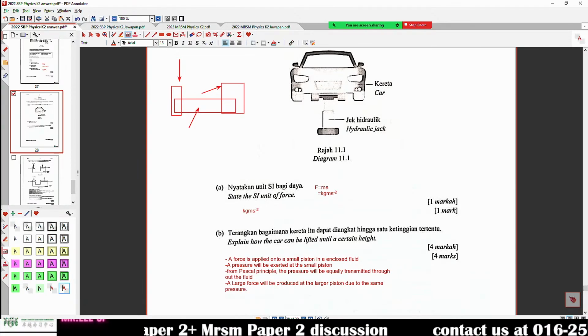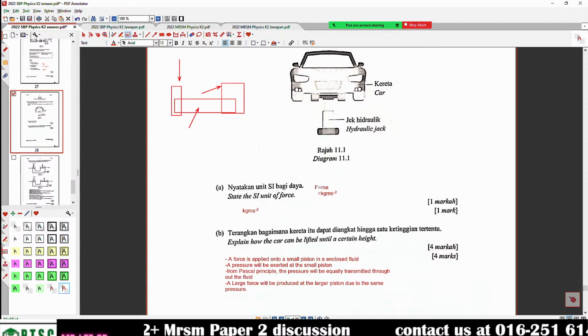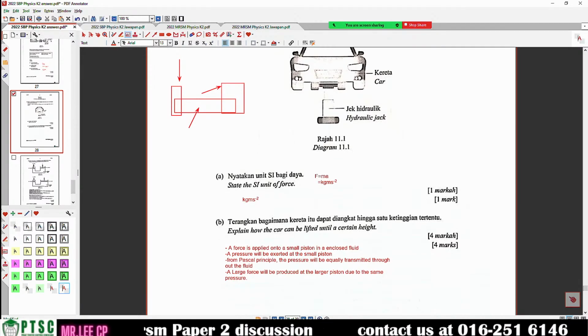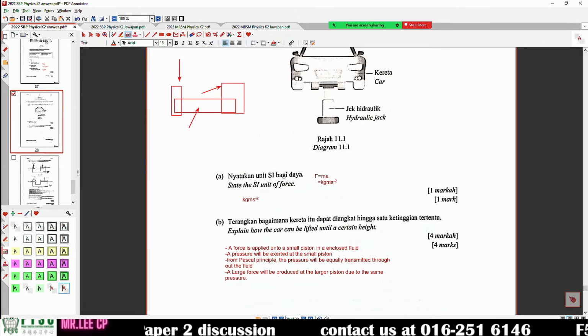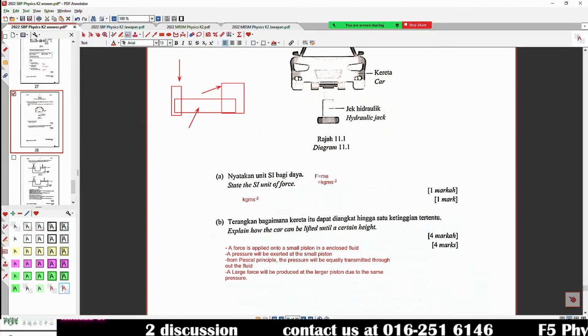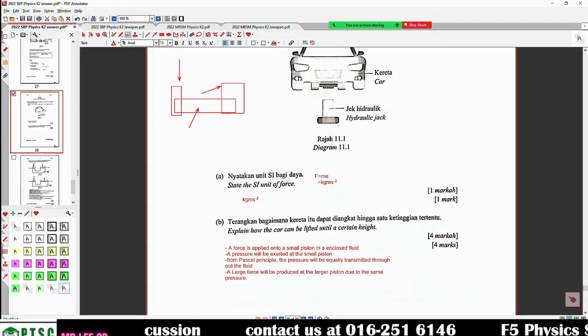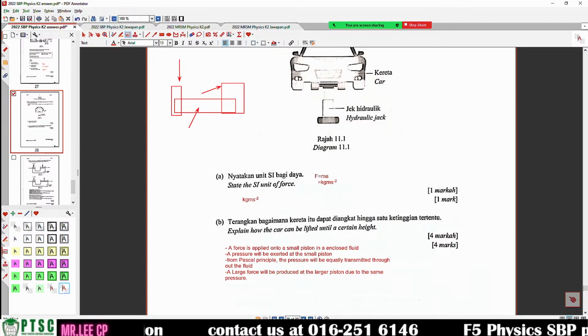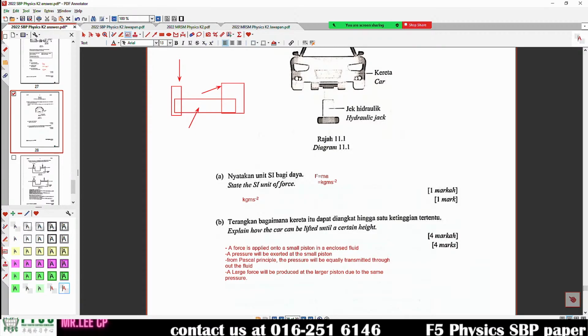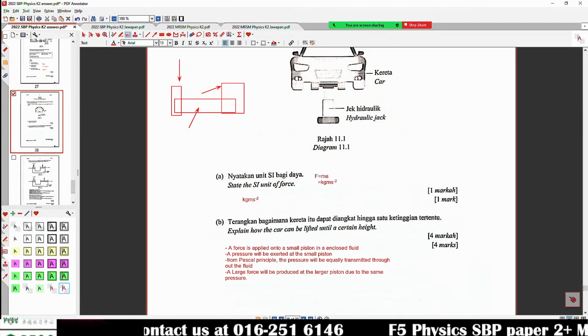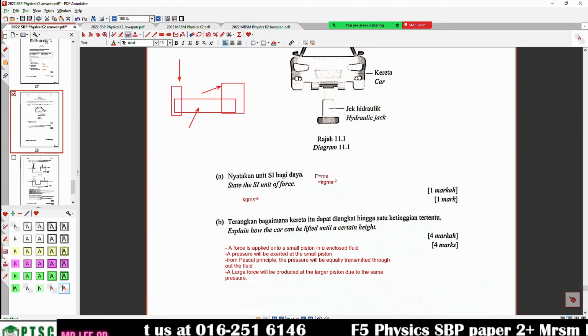The pressure will be the same, so here will produce a large force. Right, 1, 2, 3, 4. So a force is exerted here, and then you produce one pressure, and the pressure will be equally transmitted, and then a big force will be produced at the larger piston.